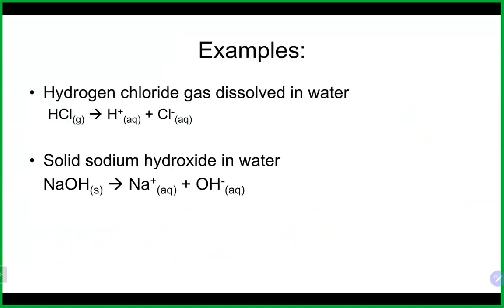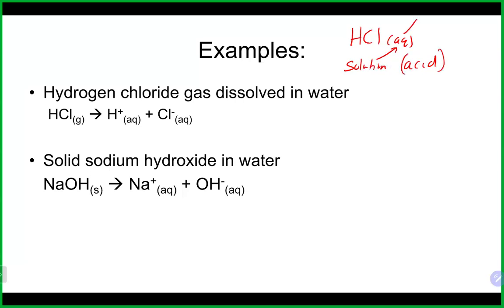And that is how you would make, for example, a little bit of hydrochloric acid. You could bubble some hydrogen chloride gas in water and it will become aqueous ions. That's also the difference between HCl with the aqueous symbol, which indicates that it is a solution and it is an acid.